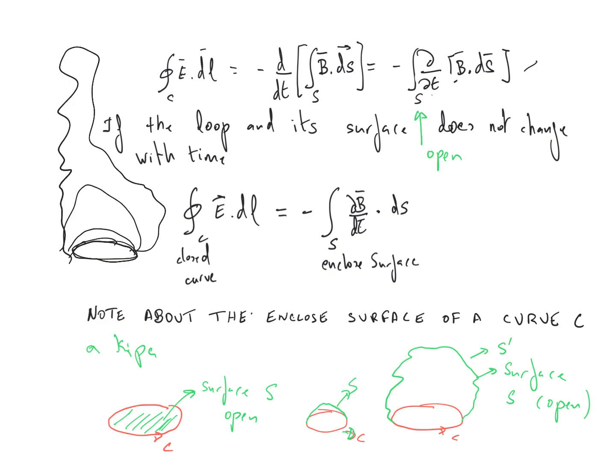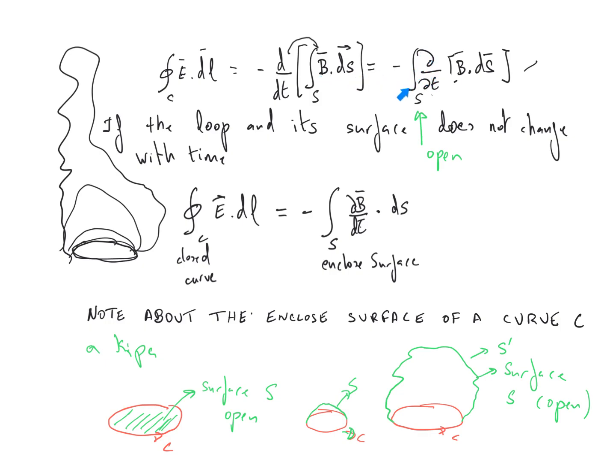And the second detail that I want to mention is, if you want to put the derivative inside the integral, because B and maybe S depend on T, you have, of course, to use the partial derivative with respect to T. You cannot put the total derivative inside this integral because B depends on the position and depends on time.